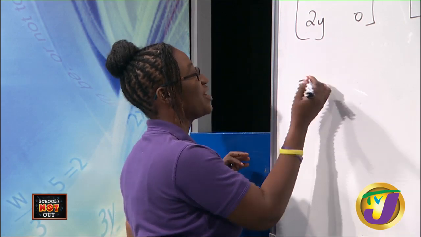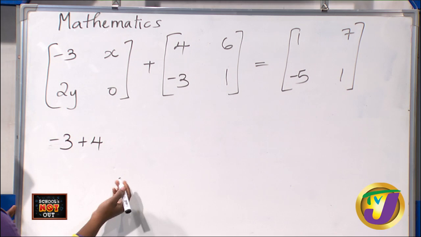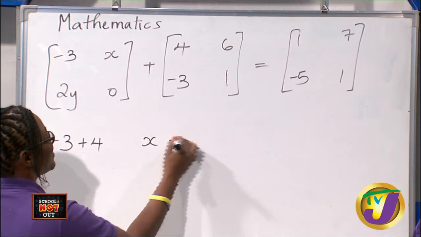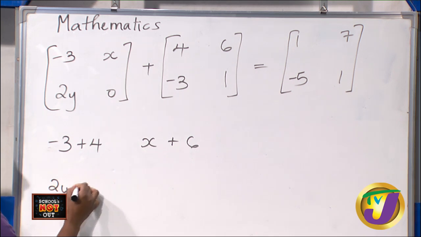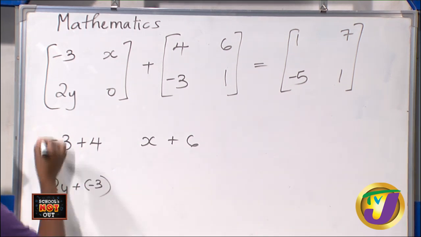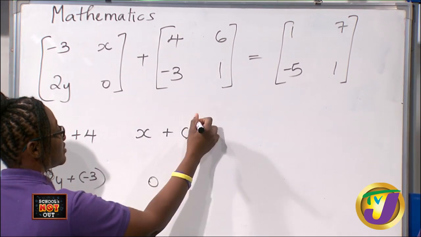Negative 3 plus 4, and we have x plus 6. And down here we have 2y plus negative 3. And on this side, 0 plus 1.